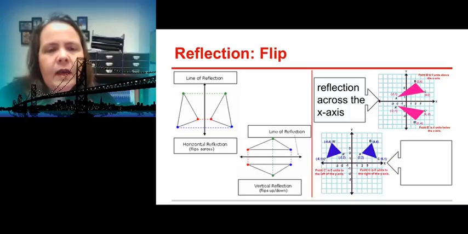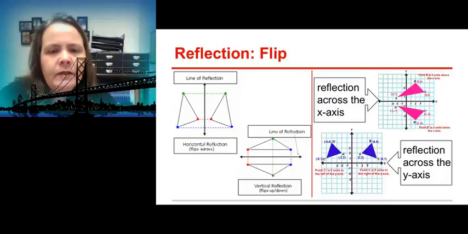Looking at the other reflection down there, it is a reflection across the y-axis. Again, B and B prime are the same distance from the y-axis. A and A prime are the same distance from the y-axis. And C and C prime are the same distance from the y-axis. The y-axis here is serving as our line of reflection, just as in the previous one, the x-axis served as our line of reflection. All right.